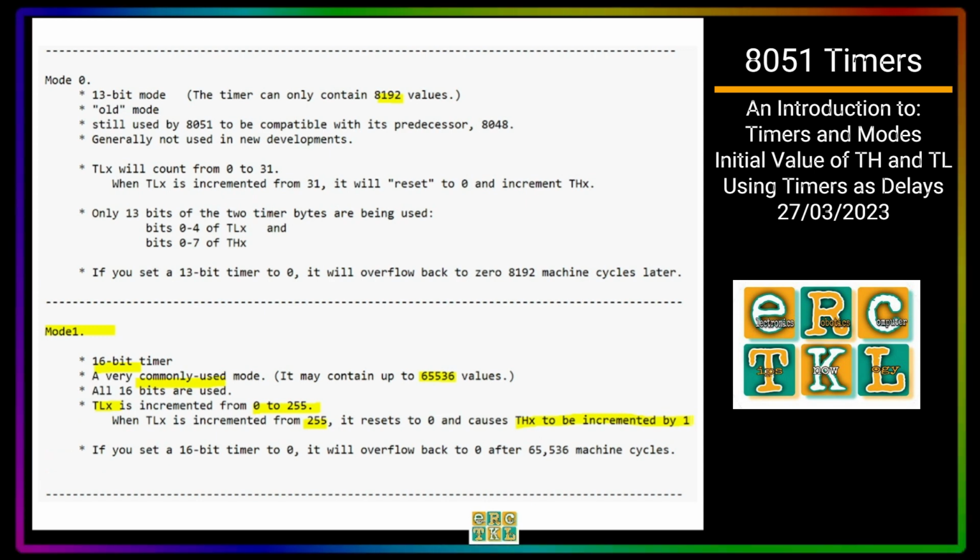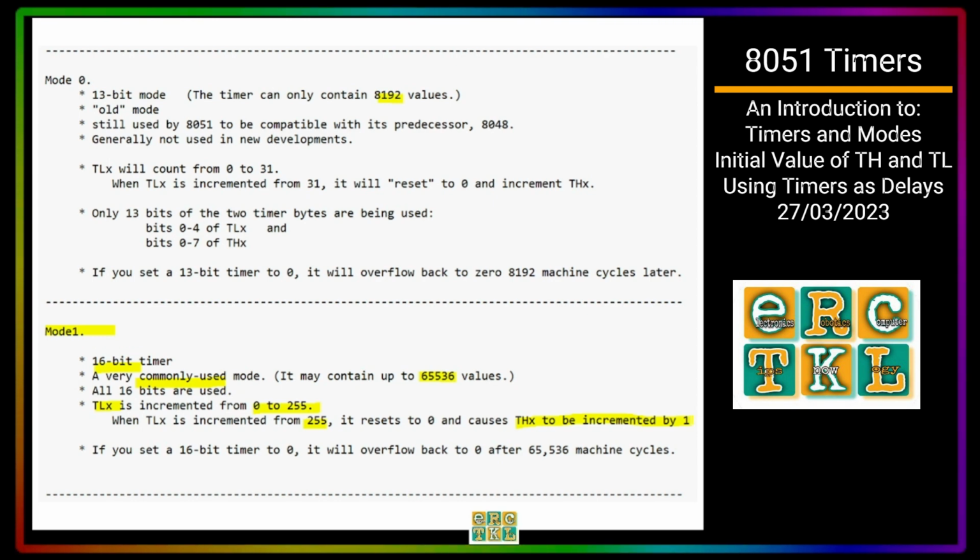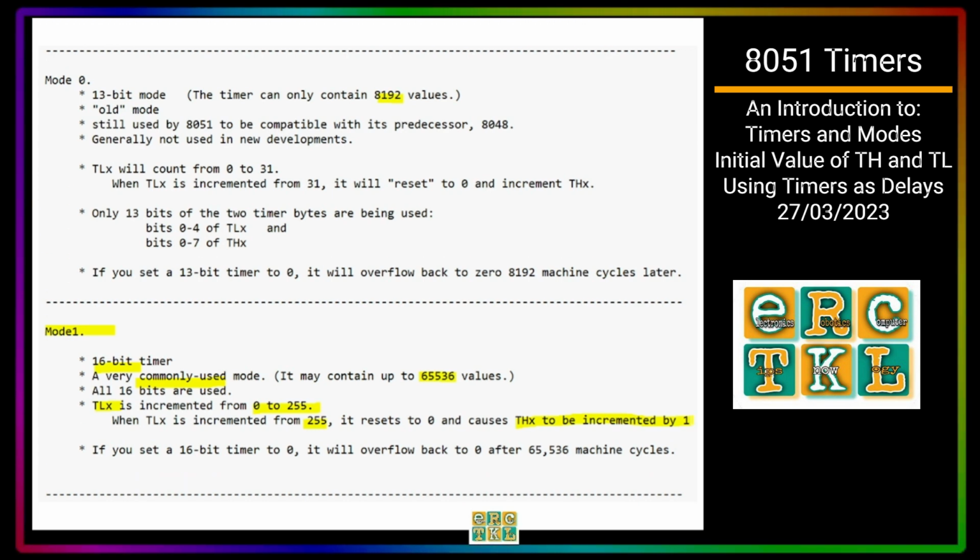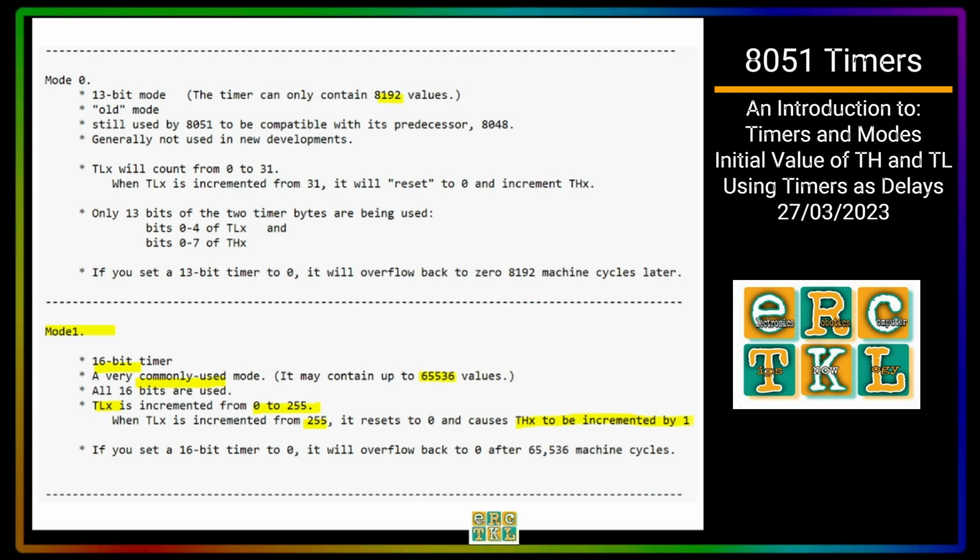So TL will count from 0 to 255, go back to 0, and then TH will be added with 1. Again, it will count from 0 to 255, go back to 0, again add 1 to TH. You understand the idea? In mode 0, it will count from 0 to 31, roll over to 0, add 1 to TH. Therefore, you can now explain the difference between mode 0 and mode 1.